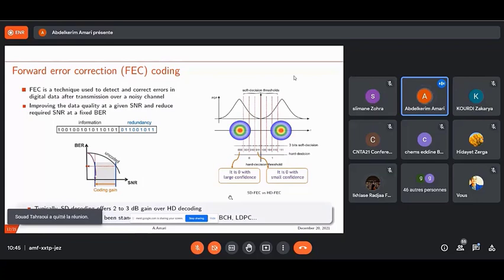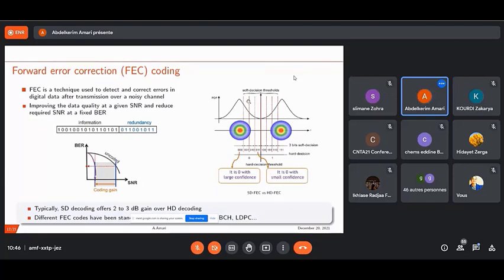The main difference is that for the hard threshold, if we are on this side, it's 0, and on the other side, it's 1. The soft decision uses some soft information, probability-based calculation, known as the log likelihood ratio.